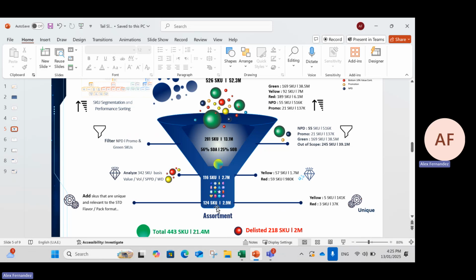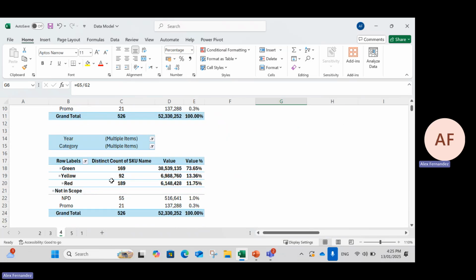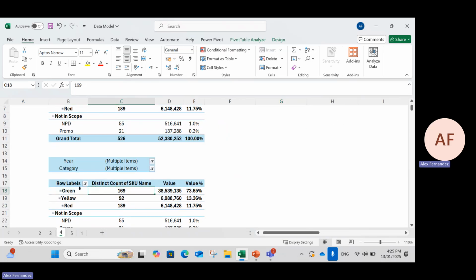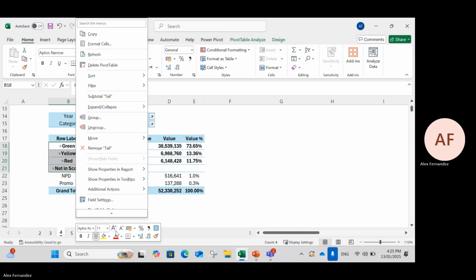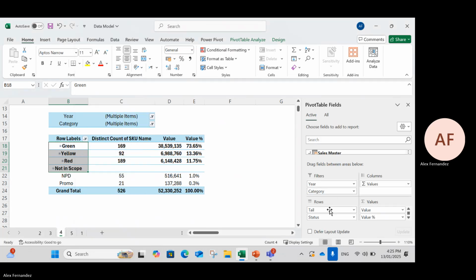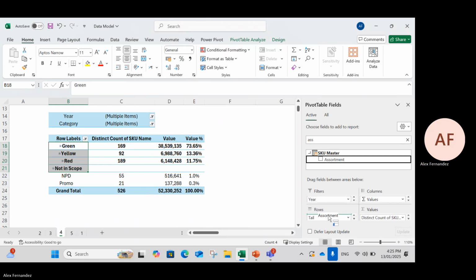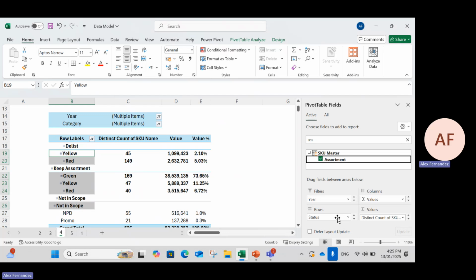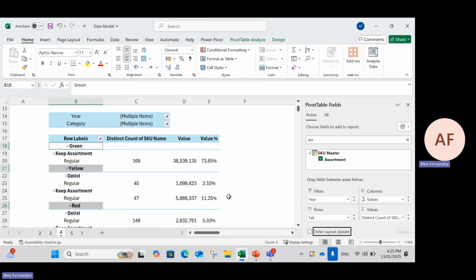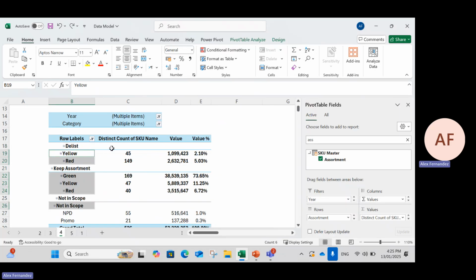Then we go to this level, is where we just put this last number. So how many assortment we kept out of yellow and red, we kept here. We go to, and rather than tail, we just add assortment. Let's keep the table just to understand it.